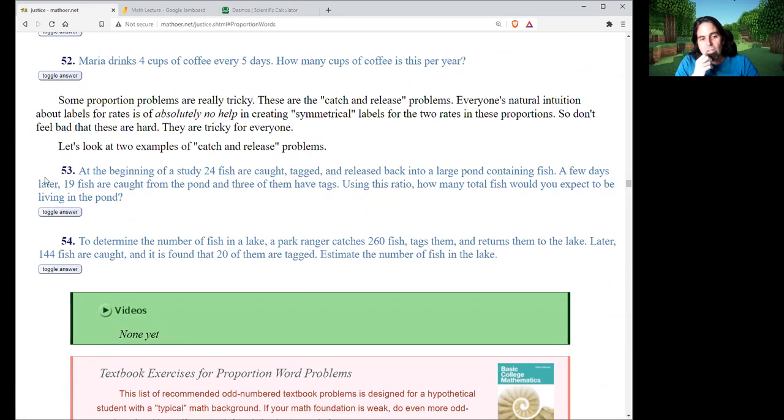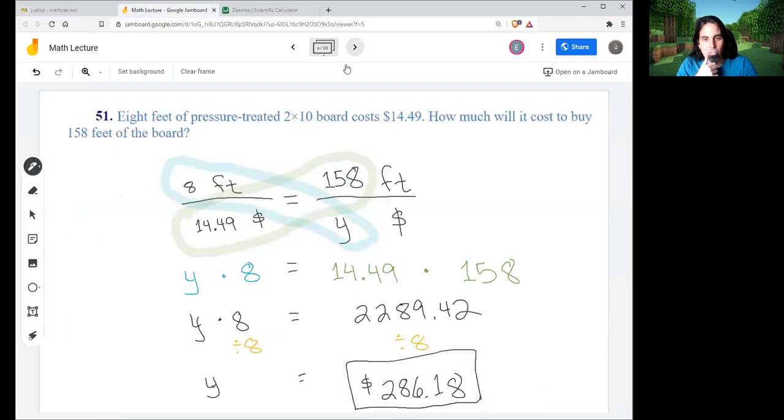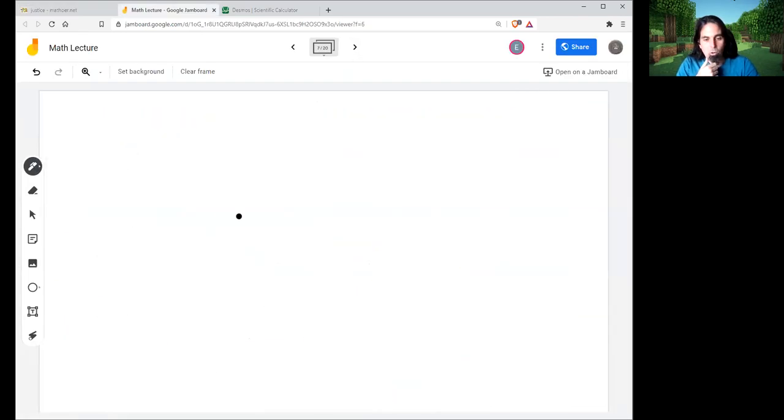At the beginning of a study, there's fish that are caught and tagged and thrown back. And then we catch them again. It's easy to see some situations but this is really a tricky problem. The trickiness comes from the fact that you want to write something where all of the labels are fish. And if all of your 4 labels are the same, then you have no idea if you've put the numbers in the right place.